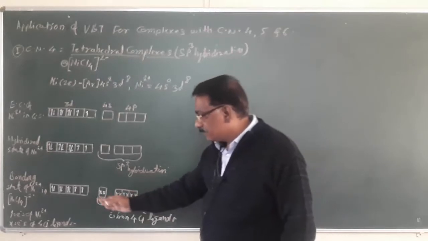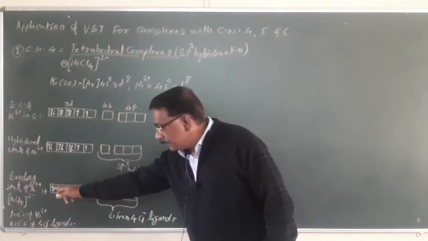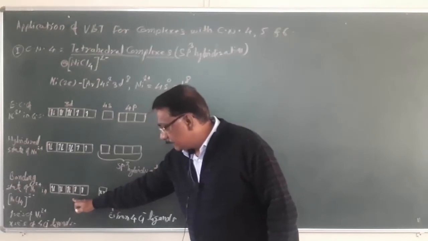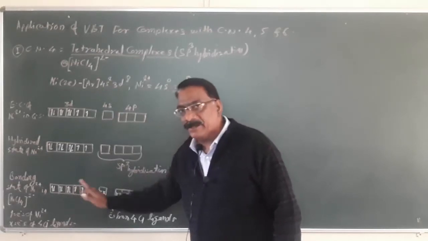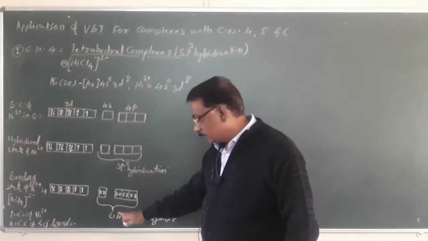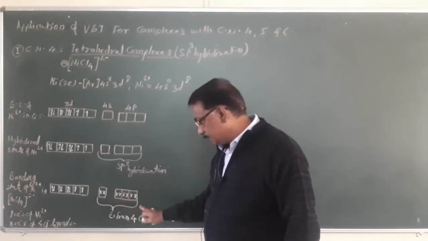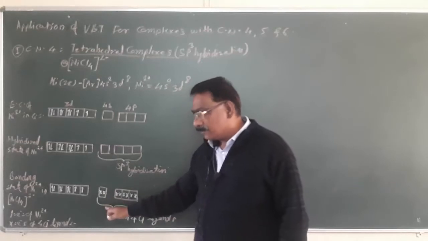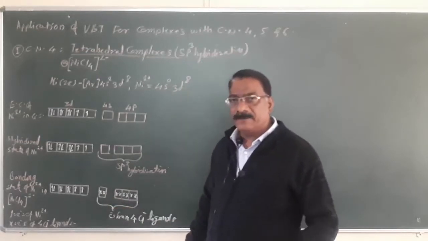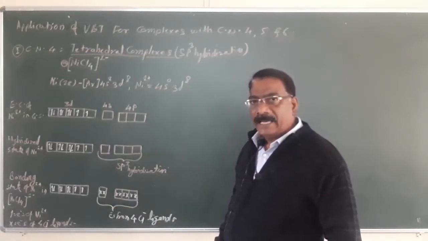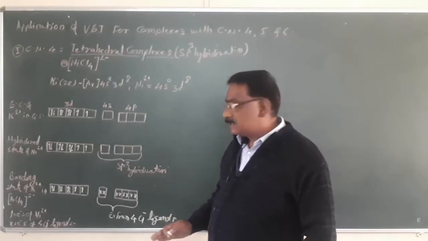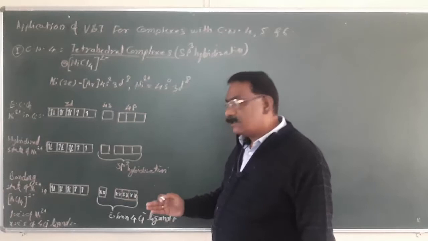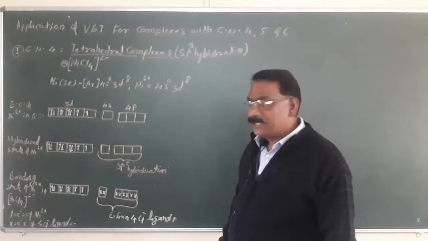So here we are going to see the bonding state of Ni in NiCl4 2 minus. See, the 3d orbital is not taking part in the bonding. Only the valence orbitals, that is 4s and 4p, that is the 4 sp3 hybrid orbitals. Here each sp3 orbital overlaps with the filled p orbital of chlorine, and it accepts the 2 electrons from each ligand.